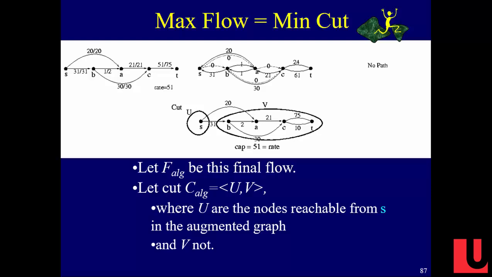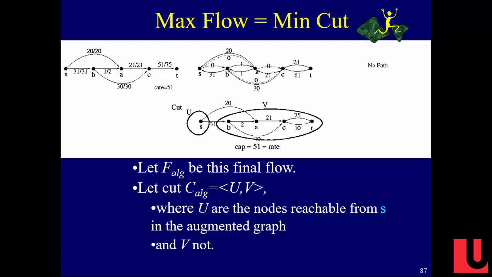And what you do is in this graph, you do a depth first search or breadth first search, and you find out where can I reach from S, right? And if there's a path from S to a node, that means I can push more water to that node, right? Along this path, I can be pushing more flow. And if there's not a path to a node from S, then you can't push more water to it.